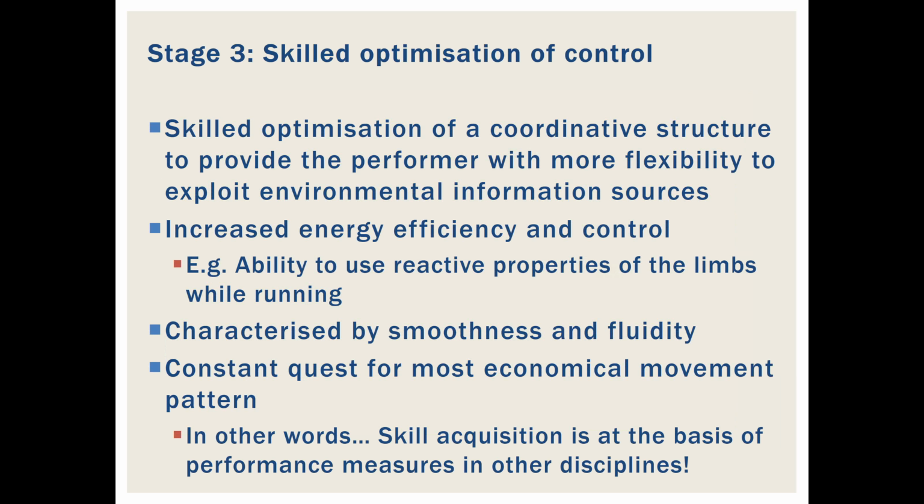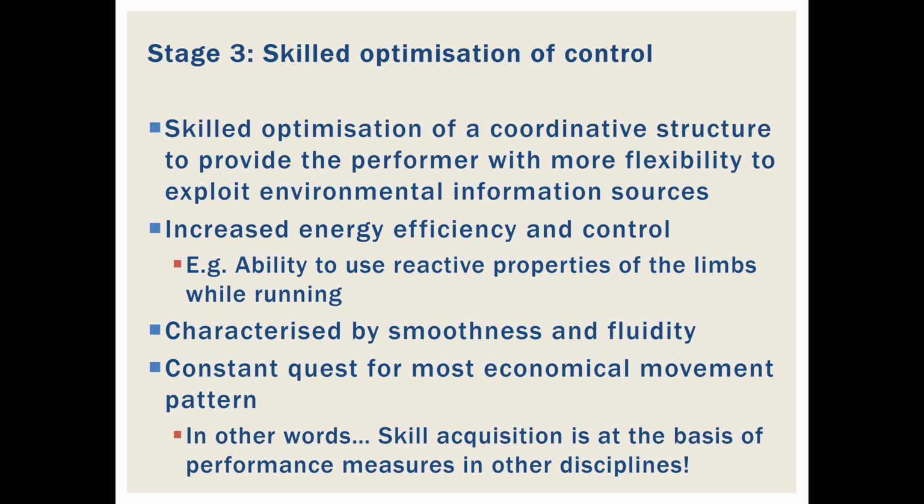And then finally, the third stage of Newell's model is the skill optimization of control. Basically what that means is that all of a sudden, a learner has developed very coordinated behavior, and they are able to adapt it to almost every single environment possible. And they are doing it with increased energy efficiency and increased control.